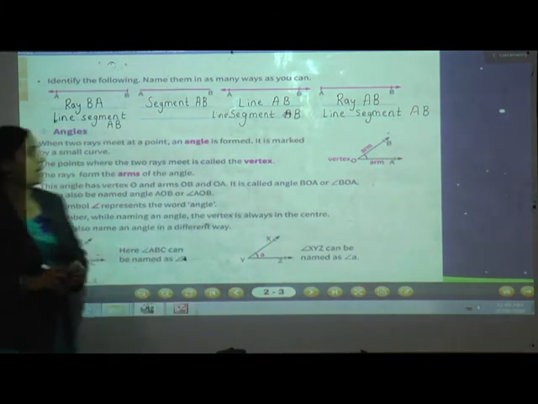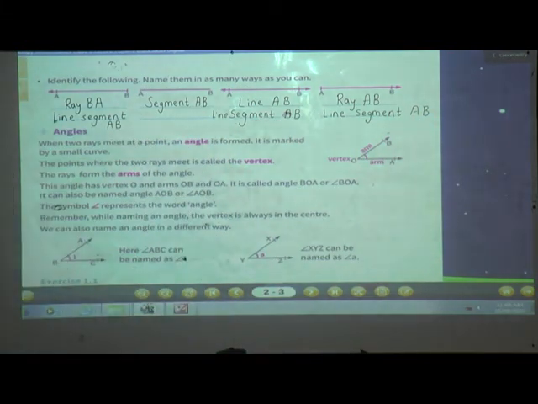Yes students. Now the next one is angles. On page number 3, angles. Here is one figure.